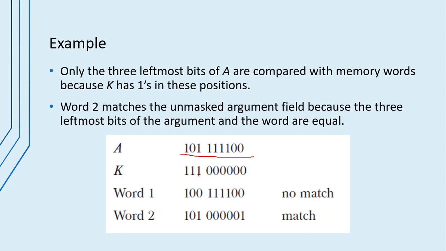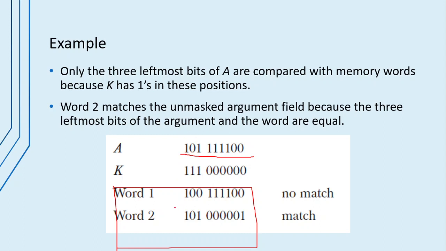Now this is the content of your memory words. All m words are stored here, but out of those m words we have shown just word number 1 and 2. Now see, it will check whether 101 is available or not.